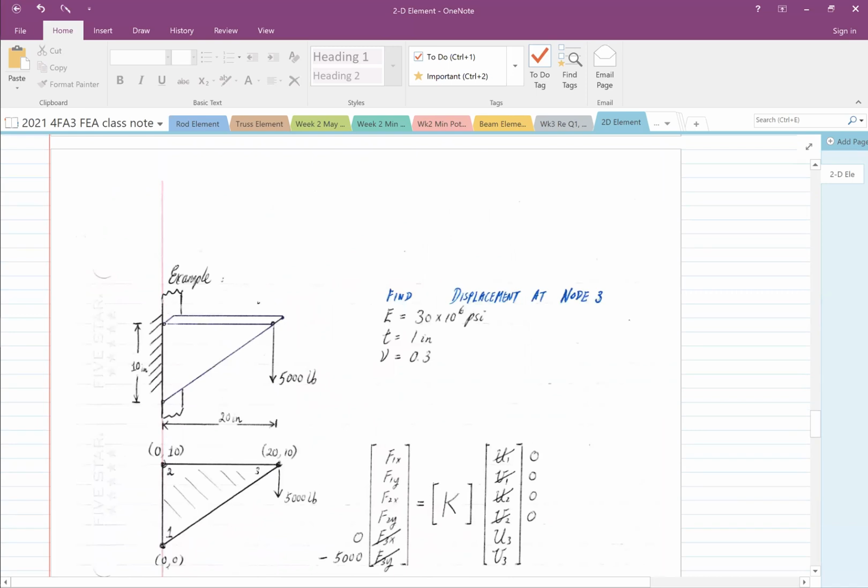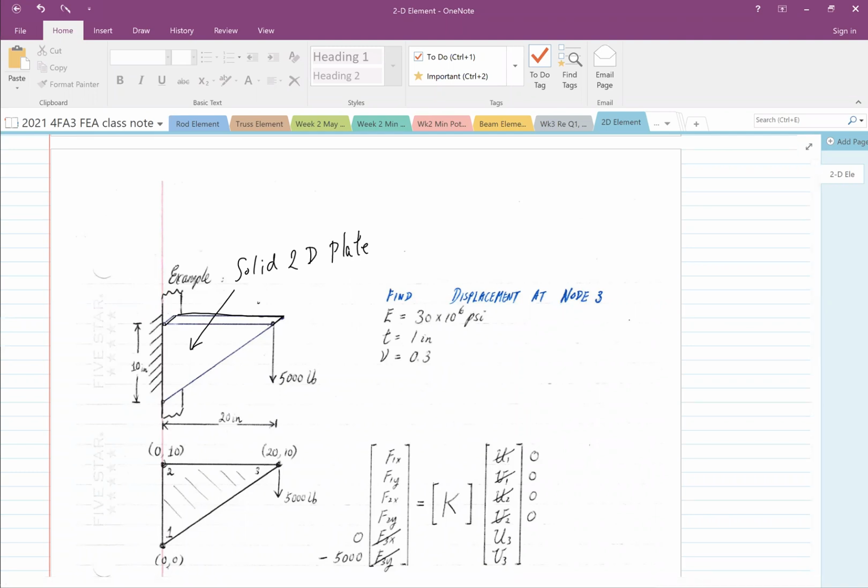I have a wedge. I have a solid. Note, this is a solid 2D plate. Usually in any problem that I give, I will either tell you it's a 2D solid plate, or I'll draw some thickness to it. It will be well specified in the question.